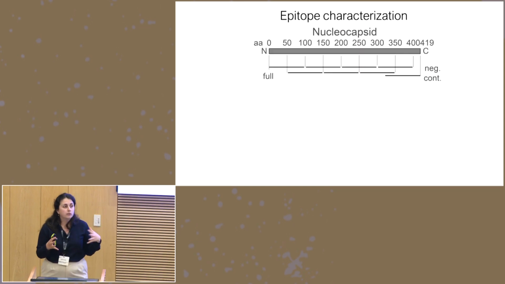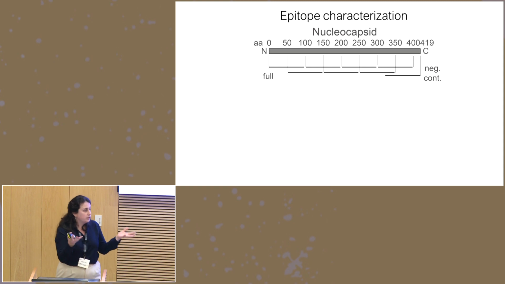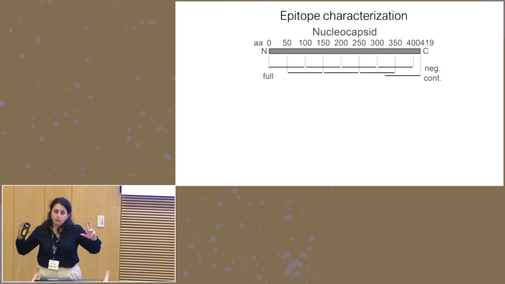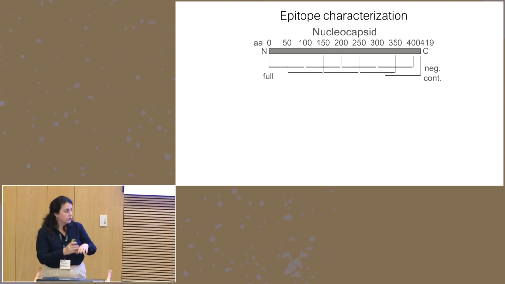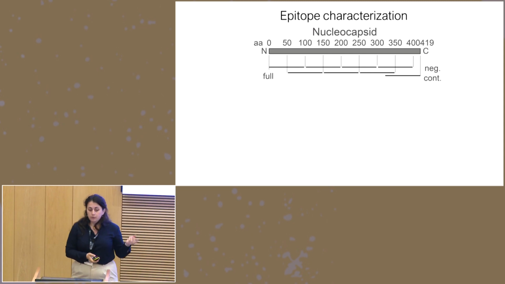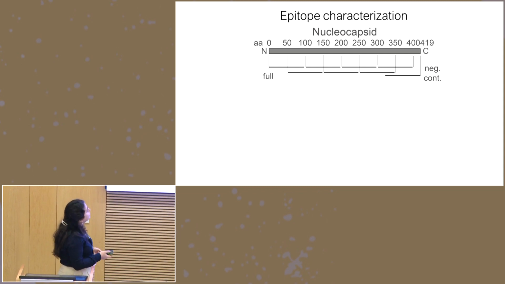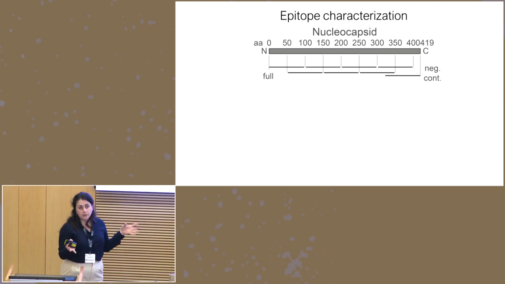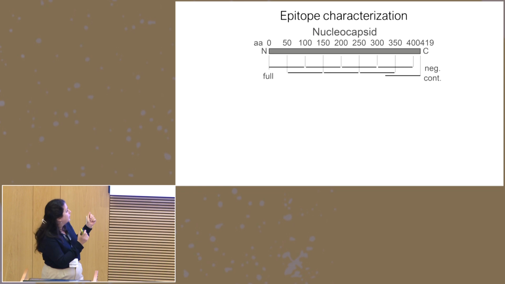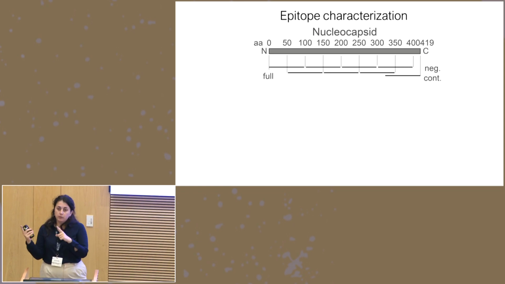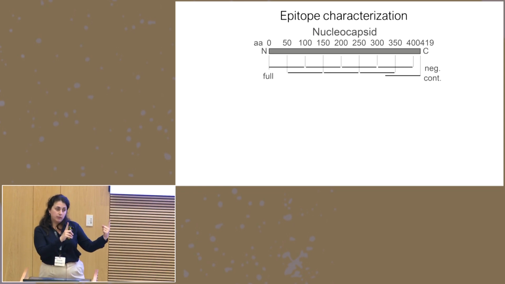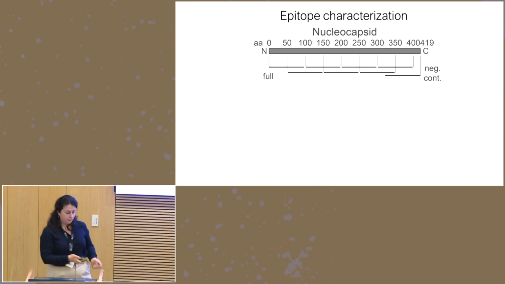Now we want to do what your immune cells are doing, what your antigen-presenting cells are doing. So we want to do this process of chopping up a larger protein into smaller chunks. We do this at the genetic level, right, because we deposit DNA. So we put the full nucleocapsid protein, and we also display antigens that are small fragments of the nucleocapsid, 100 amino acids long, and they scan the entire sequence.